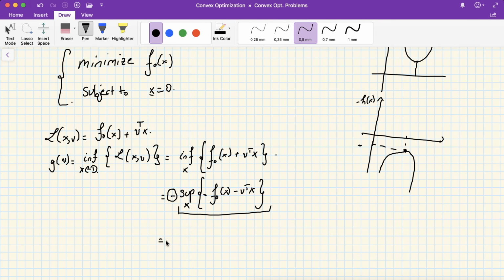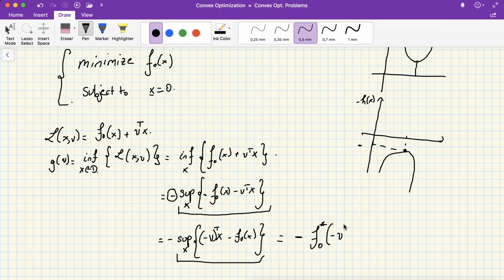So organizing a bit of terms, I could write this as minus mu transpose times x minus f0 of x. So this is minus the conjugate function, f0 star, but this time without a y transpose, I've got a minus y transpose, so it's minus mu.